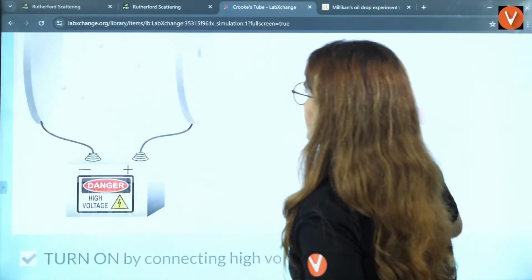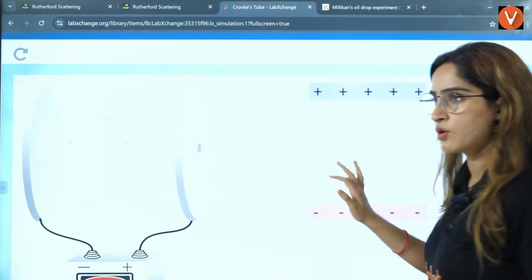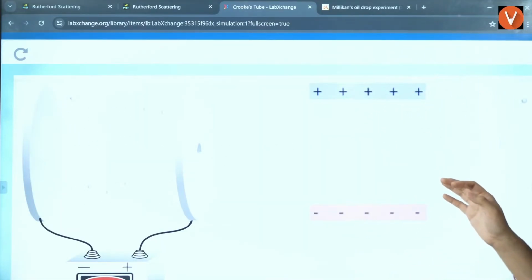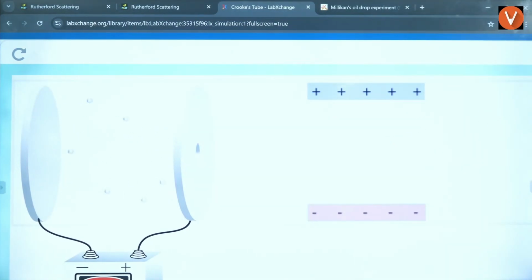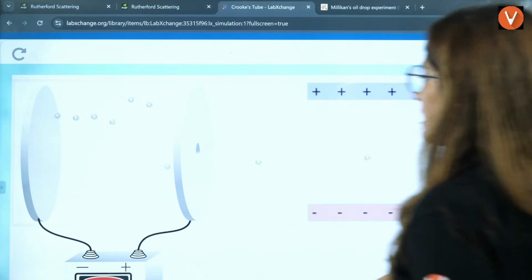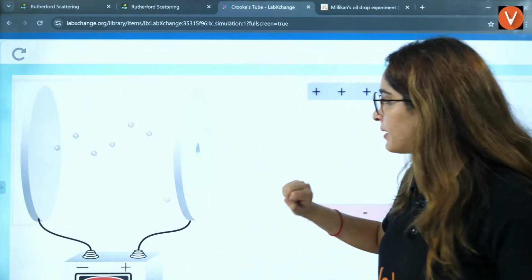I think it's not visible to you, so let me reduce the brightness of the screen. Okay, a minute. Now can you see what is happening here?